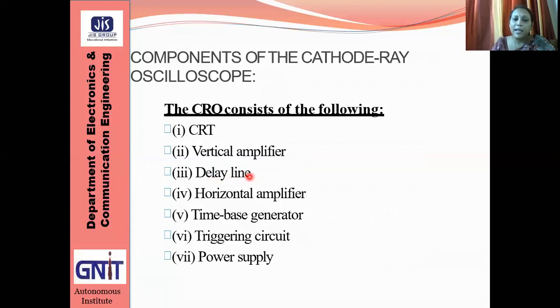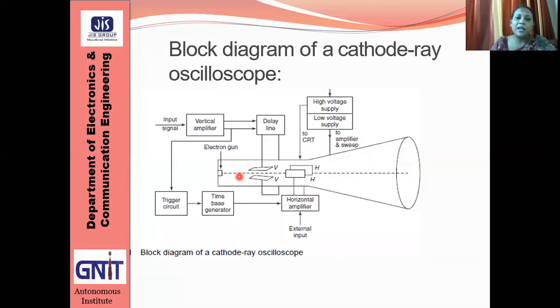Next is the delay line, because if you go to the previous slide, you will find that there is a delay line. Why is this delay line produced? See, after this vertical amplifier, if we put the signal directly to the vertical plates, what will happen? Electron will pass through these vertical plates, then again through these horizontal plates, and will reach the fluorescent screen. It will be so fast.